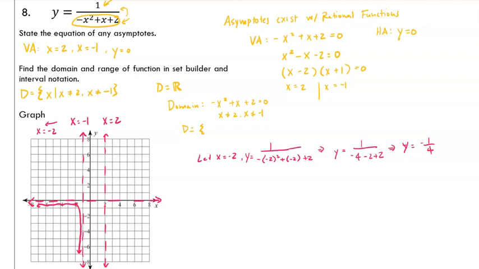Now, because this is an even function, it's going to be symmetric by a vertical line, okay?